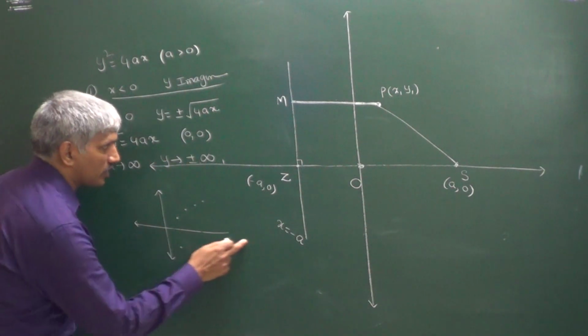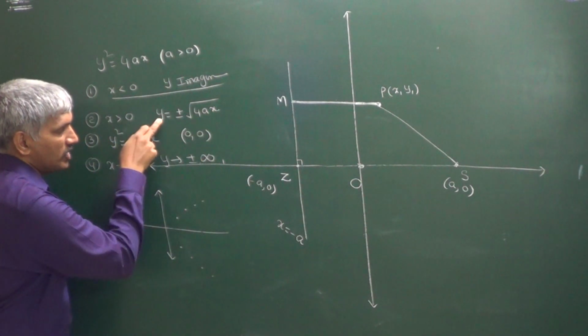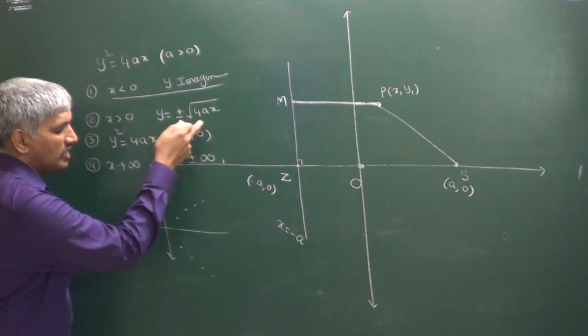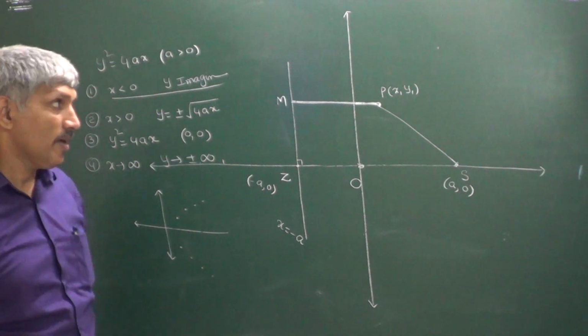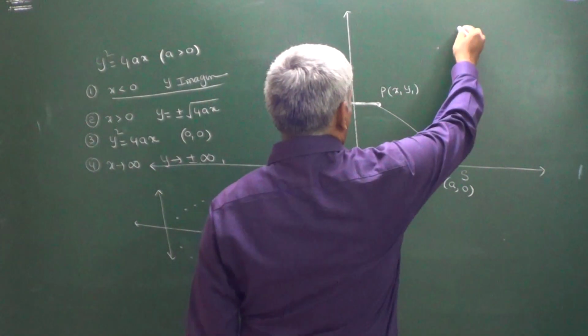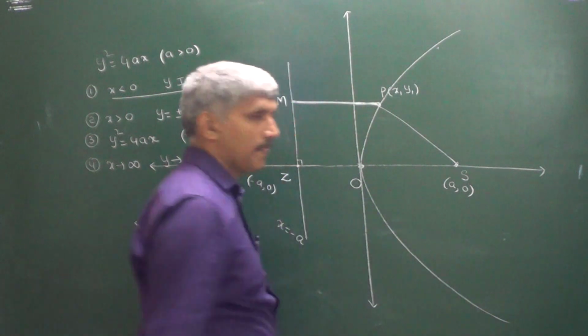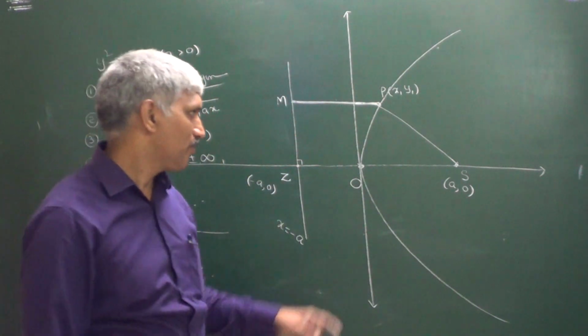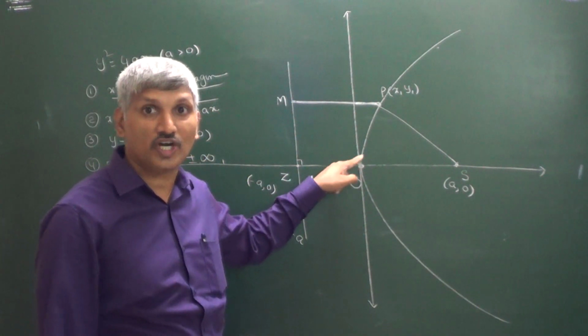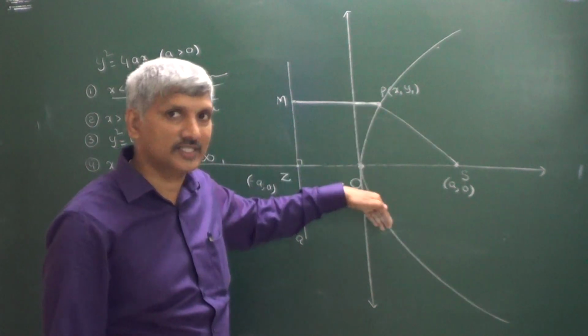You will get plus infinity and minus infinity also. Based on that information, the graph of the parabola is like this, right?